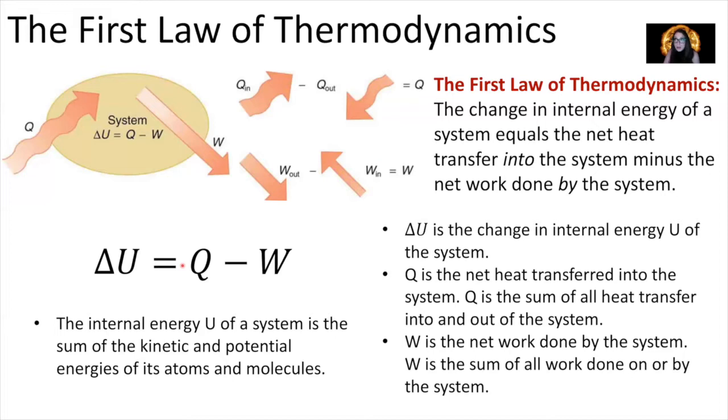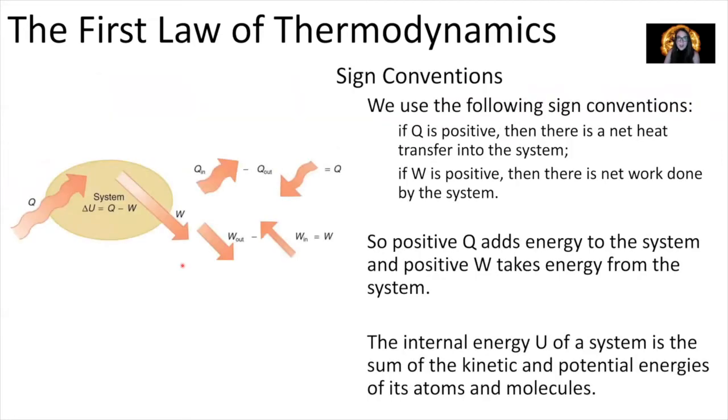We're going to use it as an application a little bit later so you can see how it works in practice. Okay, now there are some kind of confusing sign conventions when we're working with the first law of thermodynamics, and it differs depending on which textbook you use. That's kind of confusing too.